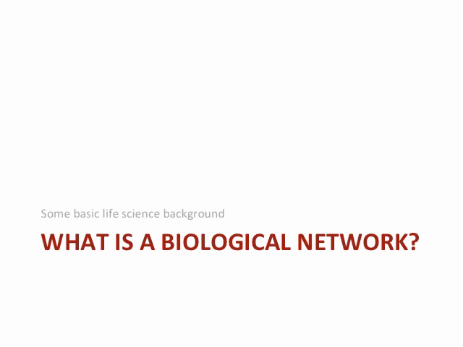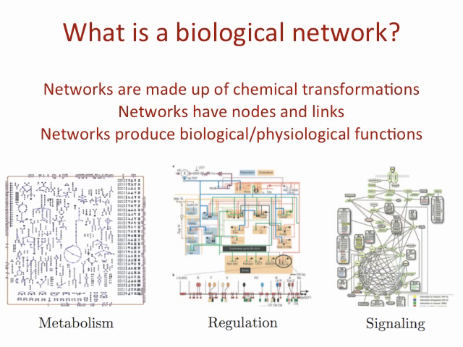I want to say a few things about biological networks to get us started. So what is a biological network? Fundamentally, a biological network is based on a series of chemical transformations.